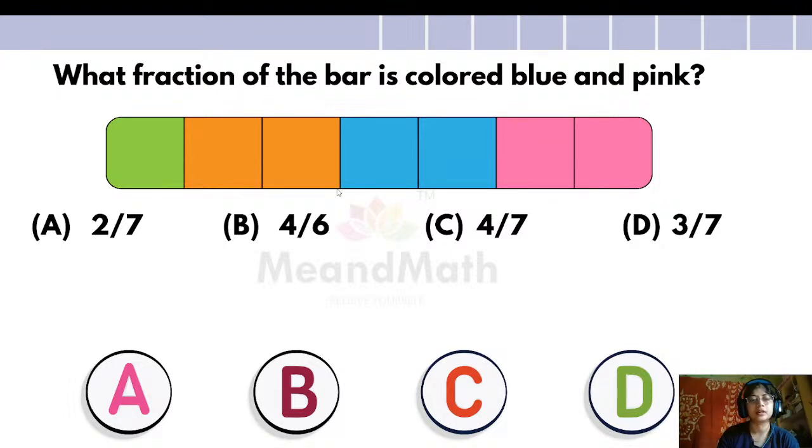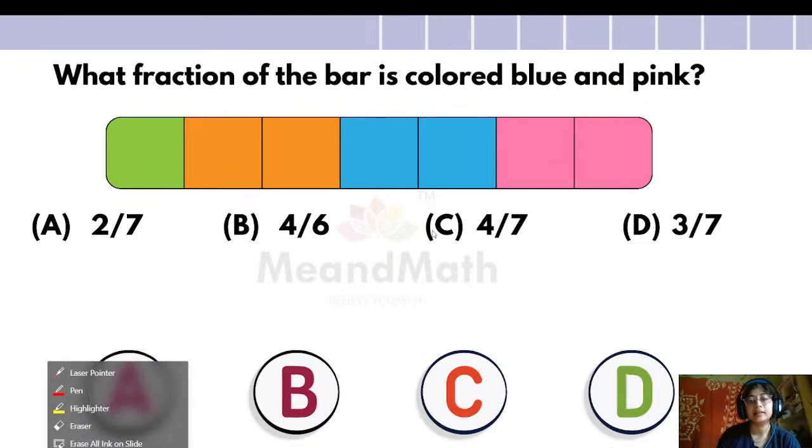First, a fraction has two parts, the numerator and the denominator. Let's check what the denominator of the fraction is going to be. The denominator is the total parts into which something is divided. So this bar is divided into how many parts?